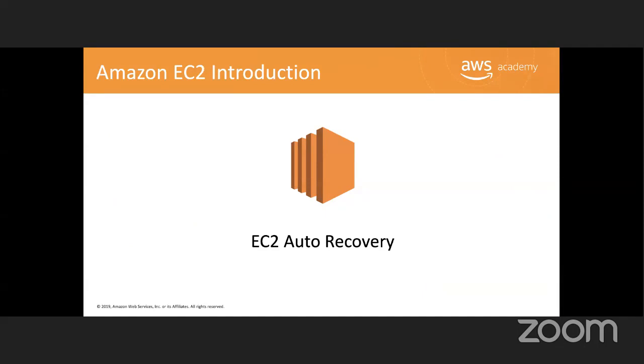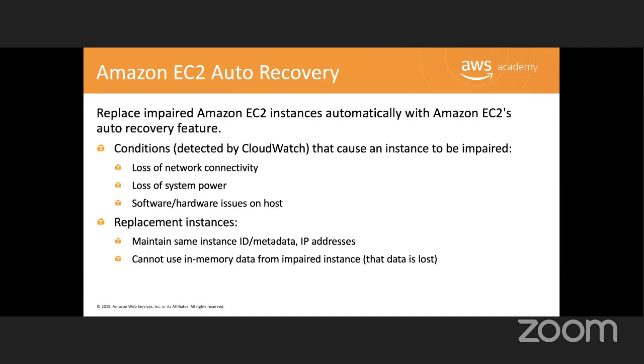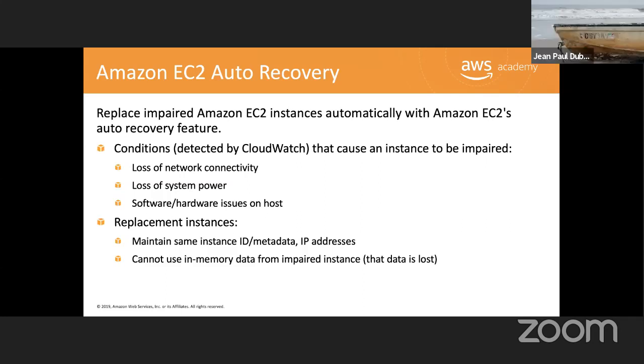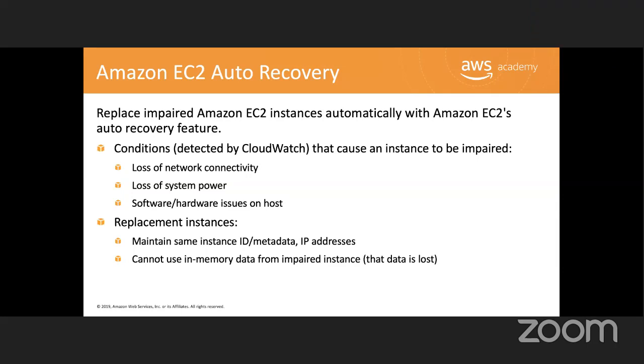EC2 Auto Recovery replaces impaired Amazon EC2 instances automatically. A condition detected by CloudWatch, such as loss of network connectivity or loss of system power, can cause an instance to become impaired, in other words, unhealthy.